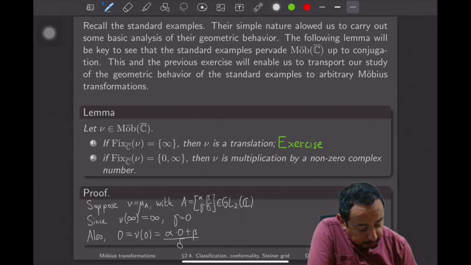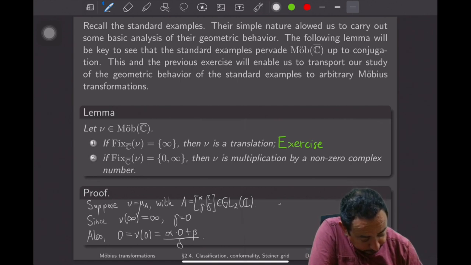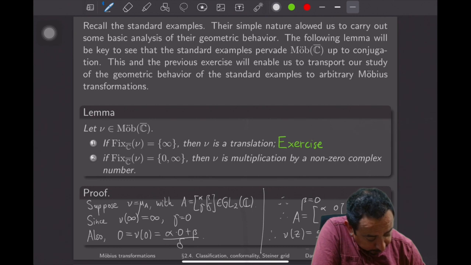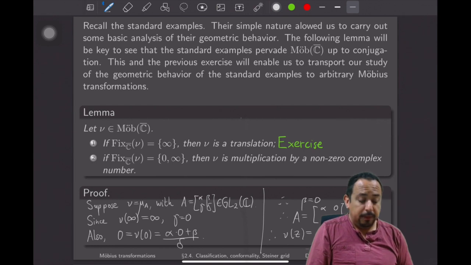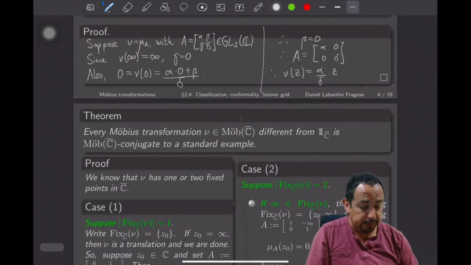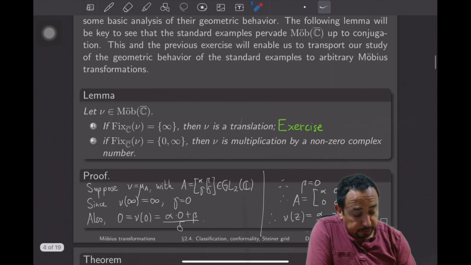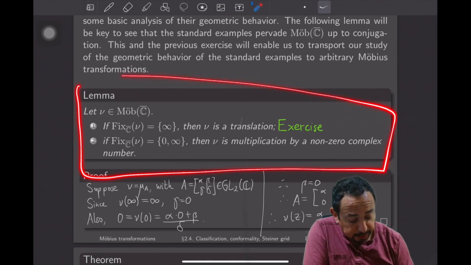So now what I know is that beta is 0, so A is equal to alpha 0, 0 delta. So nu of z is equal to multiplication by alpha divided by delta. Okay, so this is the lemma.